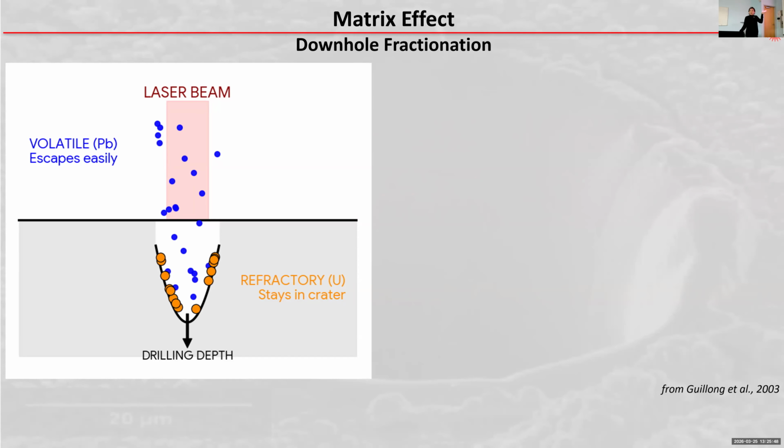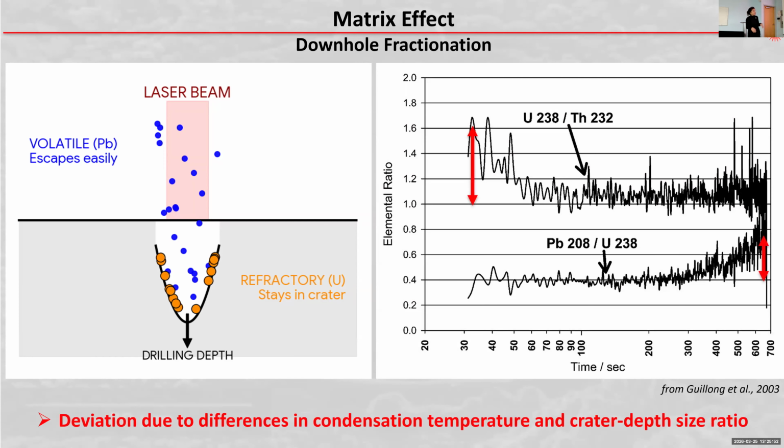And this is more severe the deeper the laser drills. So you can see with that that the ratios between uranium and thorium, between a volatile and a refractory element, or a refractory and a more refractory element, will shift depending on where the laser beam is right now.